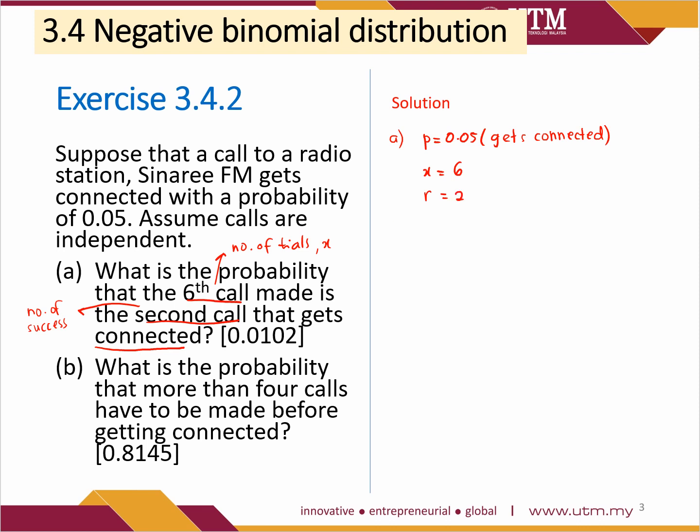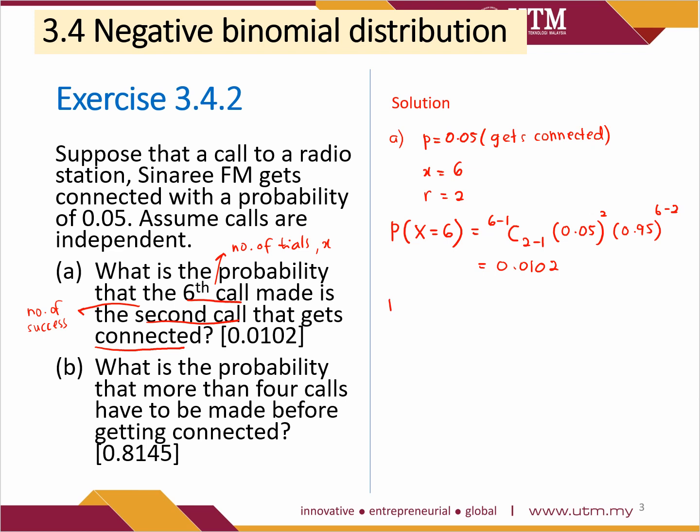So X equals 6, and we have C(6 minus 1, R minus 1), 0.05 to the power of 2, 0.95 to the power of 6 minus 2. You get the answer, which is 0.0102.